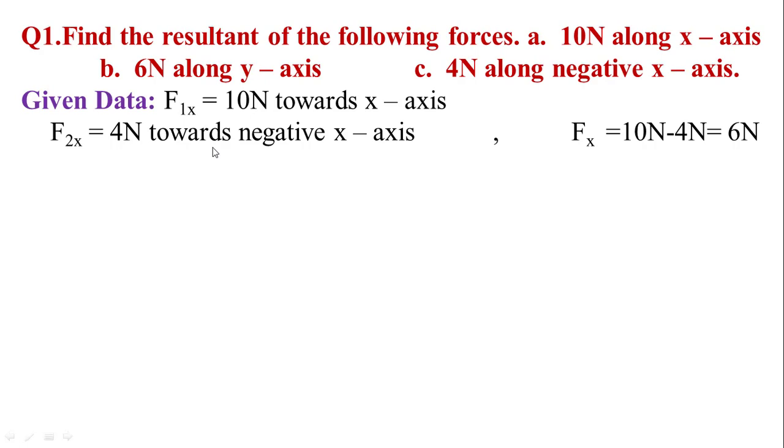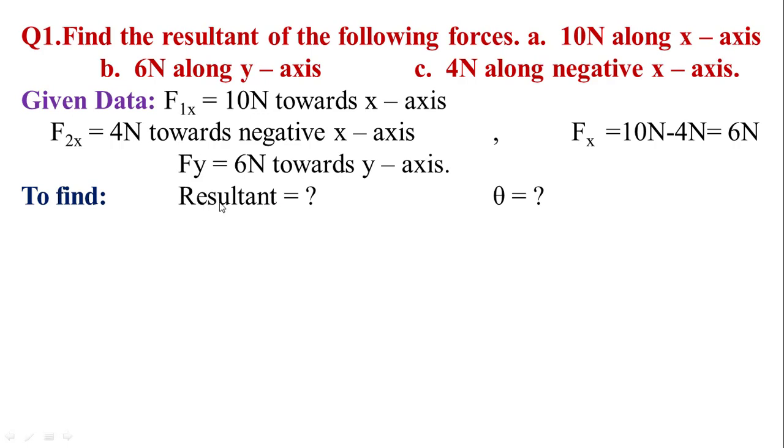We add the forces F1x plus F2x. Then Fx is equal to 10 Newton minus 4 Newton. The final answer along the x-axis is 6 Newton. Now the force along the y-axis: Fy is equal to 6 Newton toward the y-axis.